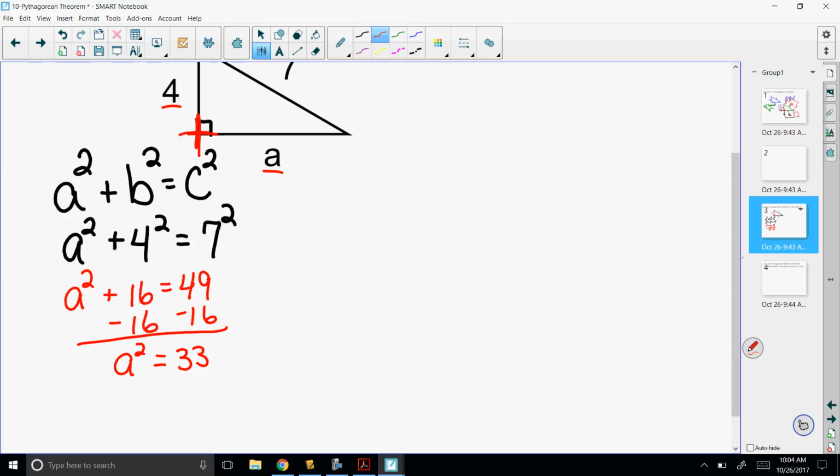How do you get rid of a square? Square root. So a is equal to the square root of 33. That's your answer. Now I sit there and I say, a has to be what as far as length?